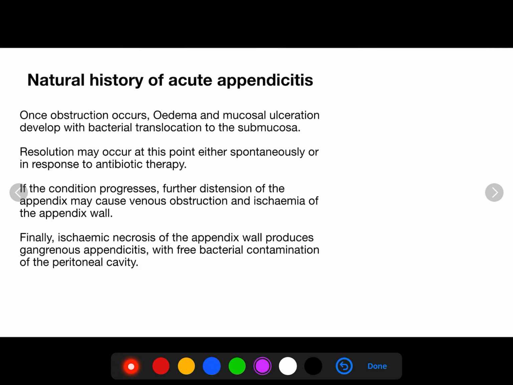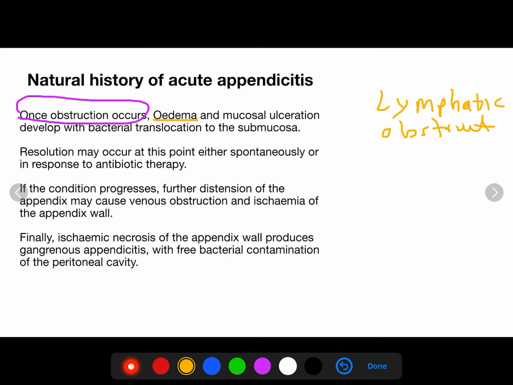Once obstruction occurs، احنا قلنا الباثوفيزيولوجي مال acute appendicitis هو الobstruction باللومن. لما يكون obstruction راح يؤدي إلى أوديما. ليش الأوديما؟ Because of the lymphatic obstruction. يعني لما يصير luminal distension راح يضغط على الليمفاتيك vessels فيسدها. تعرفون الارتري يدخل للابندكس ويرجع فينوس، بس مو كله، 10% منه يرجع عن طريق الليمفاتيكس. فأي ضغط راح يسد الليمفاتيكس، فراح يصير الفلويد يتجمع بالابندكس، راح يصير أوديما. لما يكون أوديما راح يؤدي إلى mucosal ulceration. فلما يصير mucosal ulceration راح البكتيريا اللي موجودة باللومن يصير translocation إلى الsubmucosa.